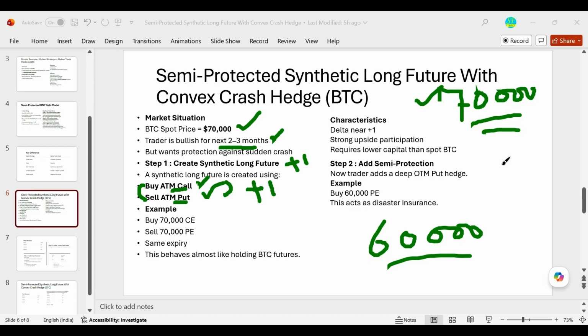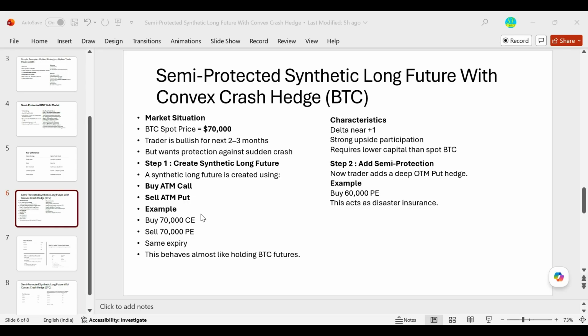The only thing is that he is willing to lose the complete thing if the asset value goes to zero. However, sometimes he has a bullish view for the coming 2 3 months period, not for the coming 2 3 days, but he does not want to pay the theta cost involved in the options. So for that, he is initiating this strategy. It is a long-term plan, a long-term view he has made.